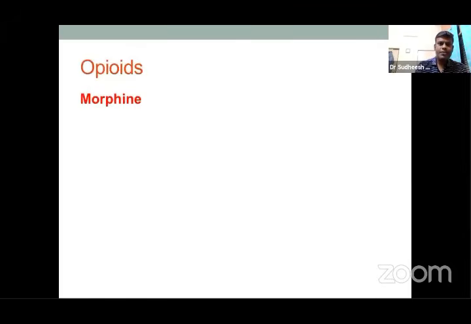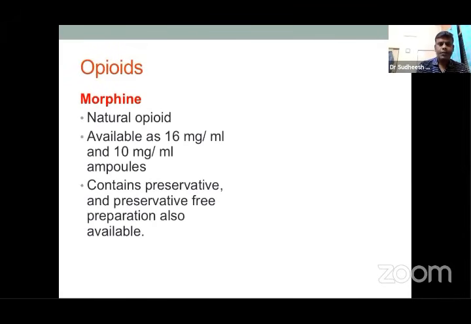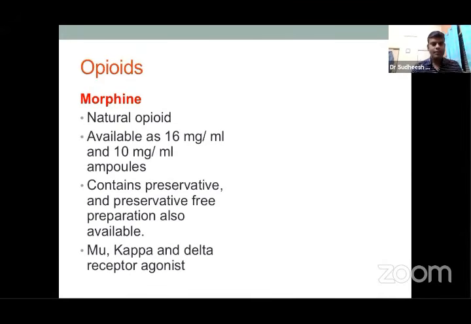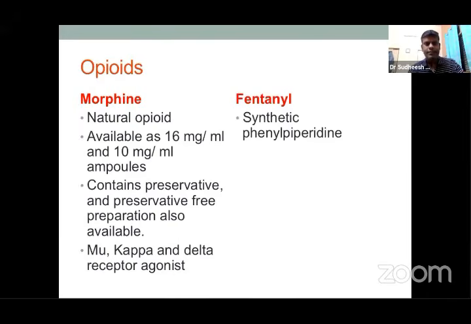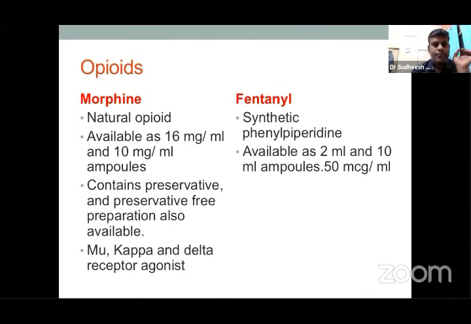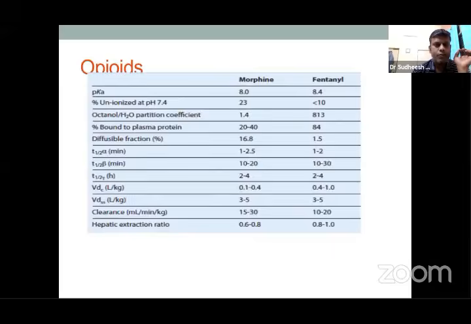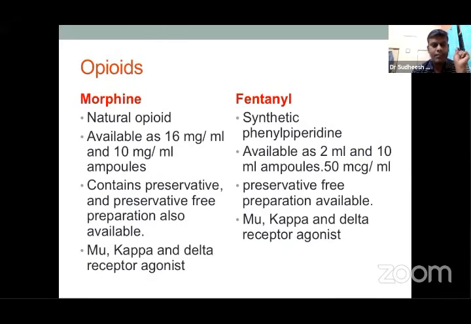Coming to opioids, again, I'm comparing and contrasting morphine and fentanyl. Morphine is a natural opioid. Fentanyl is a synthetic piperidine. Morphine is available with preservative and without preservative, and both of them act on all the opioid receptors.